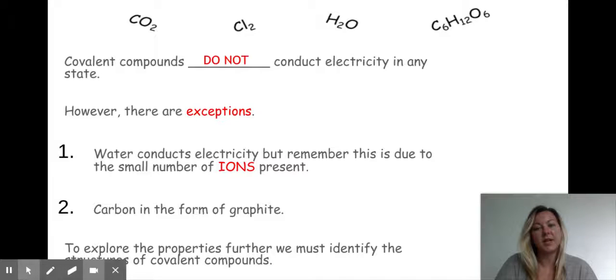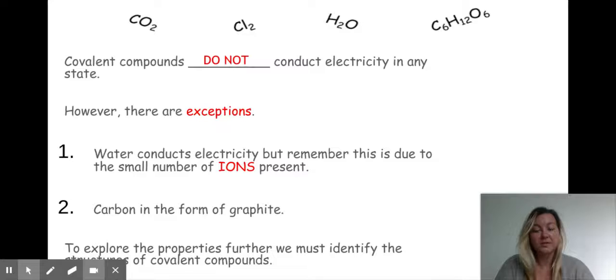The second one is carbon in the form of graphite. Now that is the exception that you're going to have to memorise. That conducts electricity for a very special reason, and it's because there are delocalised electrons in the structure. Now you don't need to worry about that too much.